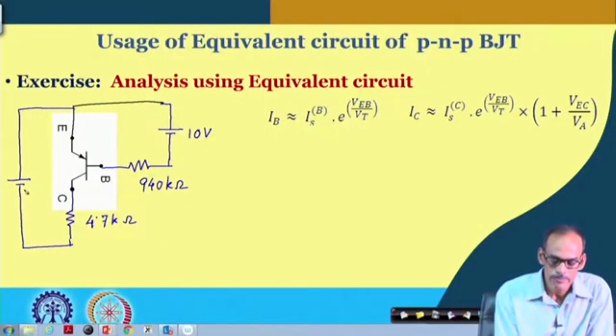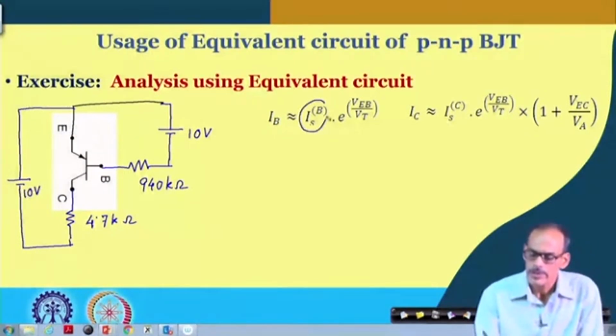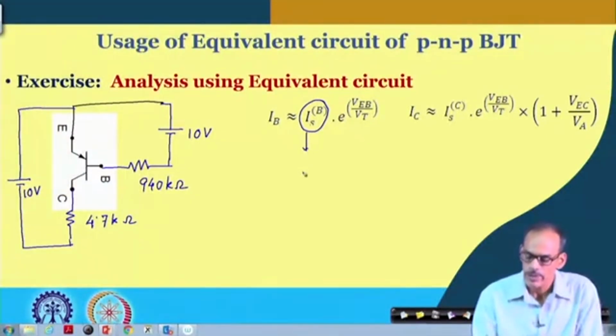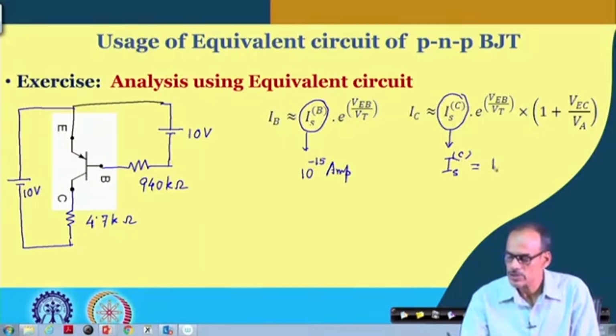All the parameters are similar. Let us consider ISB is equal to 10 to the power minus 15 ampere, and ISC, the reverse saturation current for the collector terminal, is 10 to the power minus 13 ampere. Similar to the previous case, let us assume that this is very high.